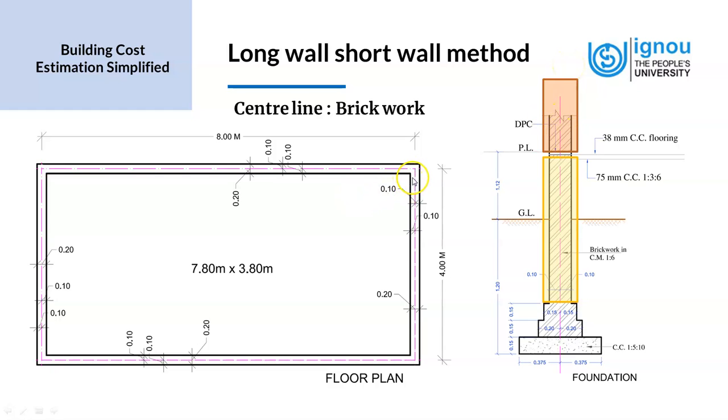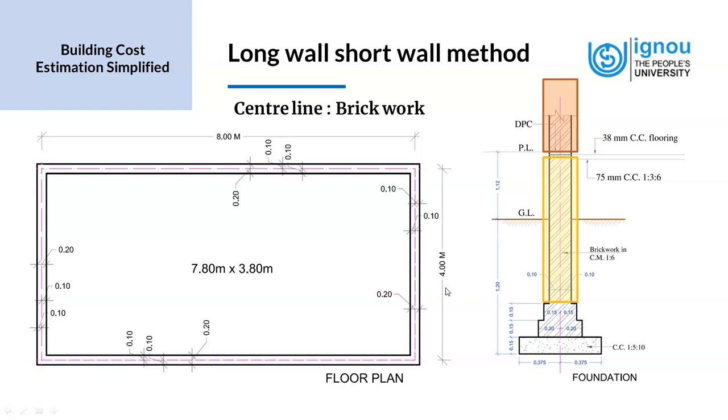So we have again the center line, the dotted line, which is at 8 meters by 4 meters. This is the center line measurement of the long wall and short wall. Since the half width of the wall is 0.1, we add 0.1 plus 0.1 to 8 meters for the long wall, and then we subtract 0.1 and 0.1 from the short wall.